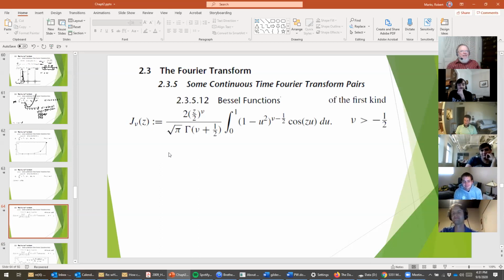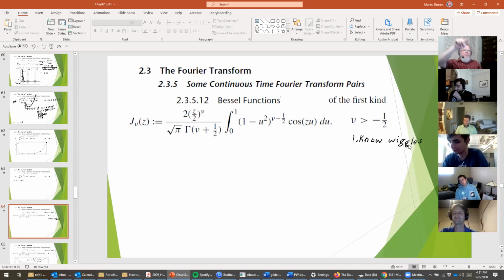No, you couldn't, right? So why do you consider yourself such a big proponent of trigonometry, such an expert in trigonometry? I'll tell you why. Number one, you know what they look like. You know the wiggles. You know that the cosine and sine are both kind of a jump up and down.